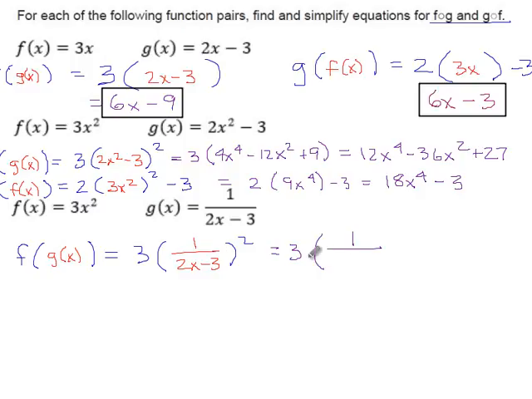That's not too bad. 2x minus 3 squared gives us 4x squared minus 12x plus 9. And now we have to triple all that, which actually is not that bad. Think of this as 3 over 1. You simply get 3 over 4x squared minus 12x plus 9.